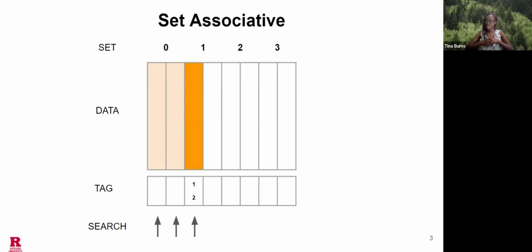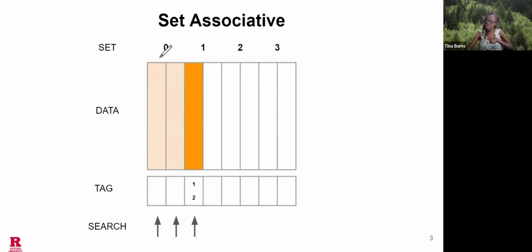All right, so what you'll see here is our set associative cache layout. This is a horizontal view, but we can also view it vertically, and we'll do that in the next slide. But remember that the difference between this and a fully associative is there's a few differences.